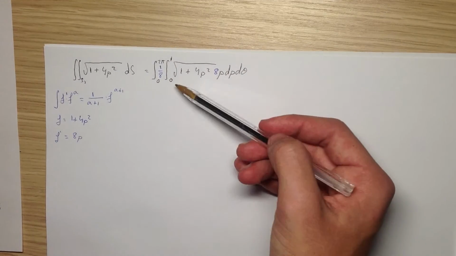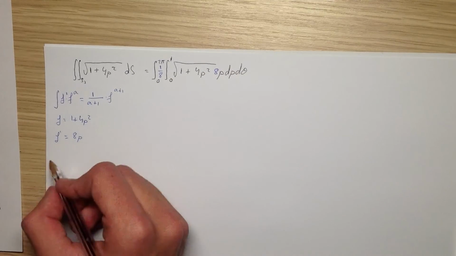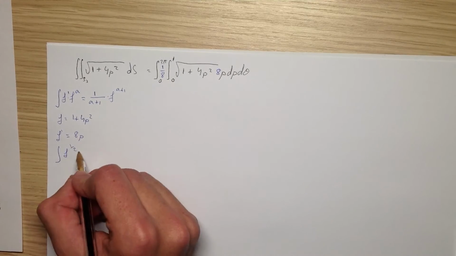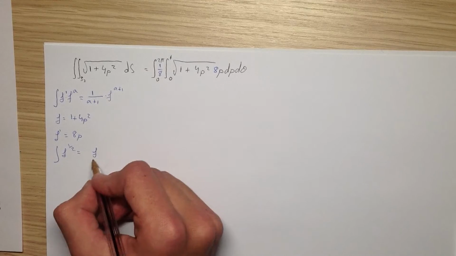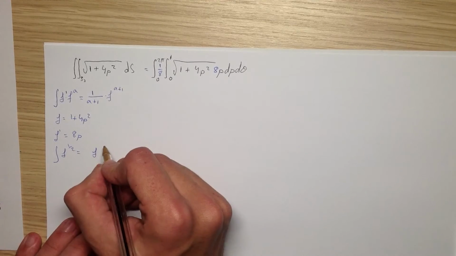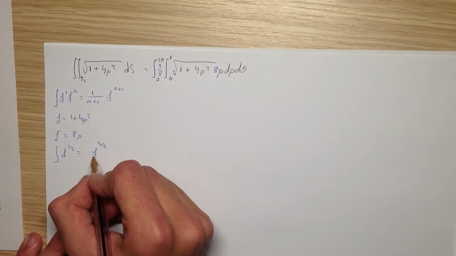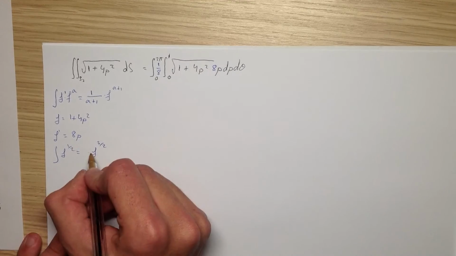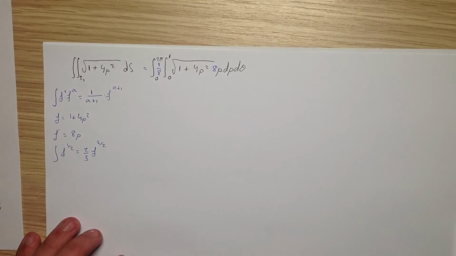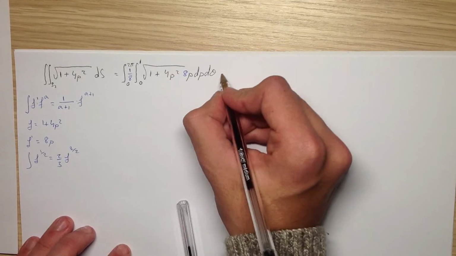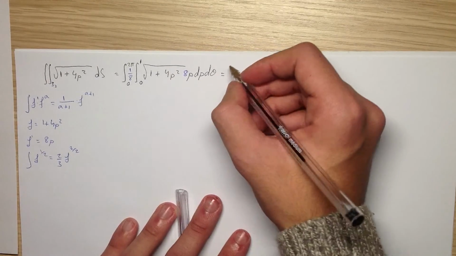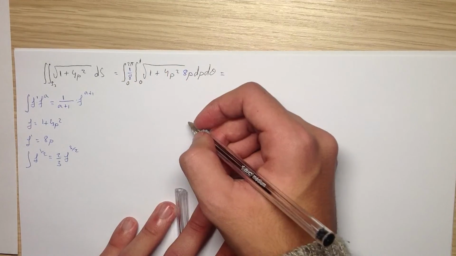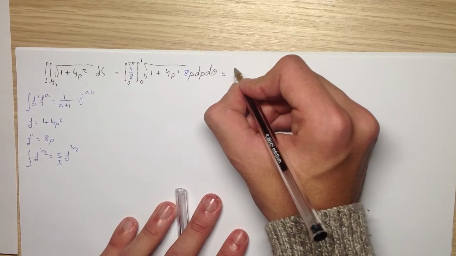Now, what is the integral of a square root? The integral of f to the power of a half is f, then raise one power up, it will be 3/2, and it will be divided by this, which we can change to 2/3. So this here will be the integral. Well, we can pass the 1/8 outside the integral as it's a constant and it will not affect the integration.